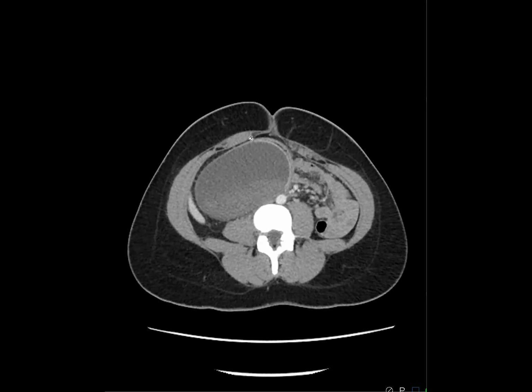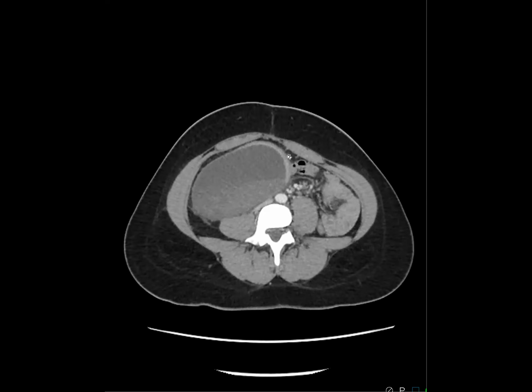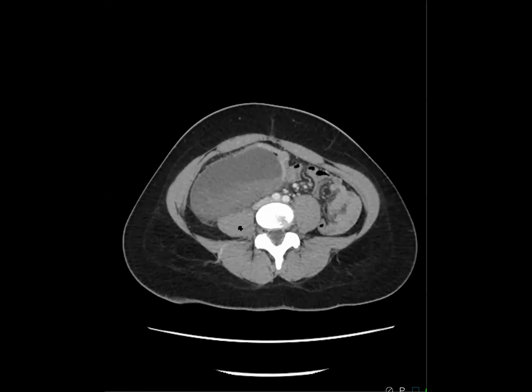So here in this image, we can see the claw sign that we frequently talk about in the kidney and liver, but even in the bowel, we can see it with the adjacent bowel loop, and this bowel loop is the ascending colon, and this is the lumen of the ascending colon.